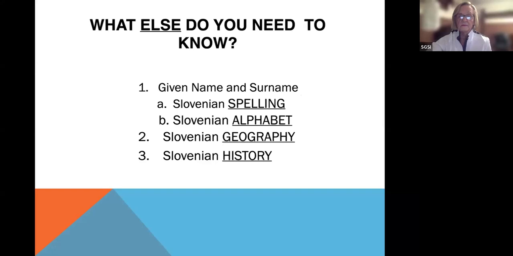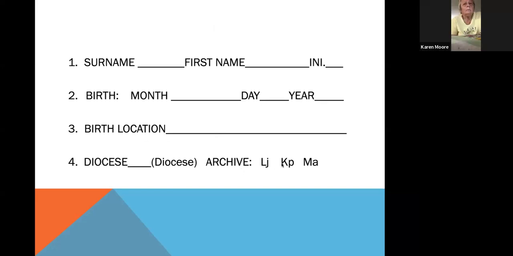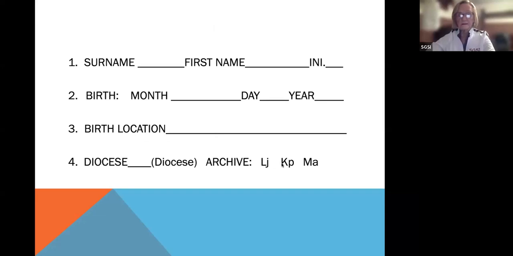You need to know where they were born. You need to know the diocese they're in and the archive that they're in. That was all in the information that I sent you today, but we didn't take all of the people that you had on your pedigree chart, just some of them.